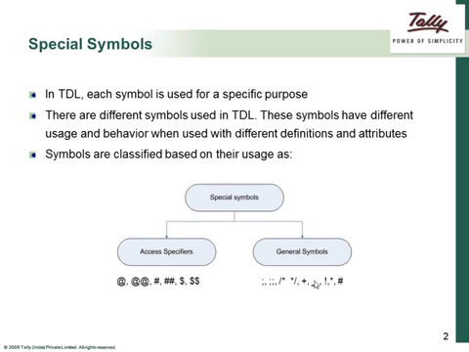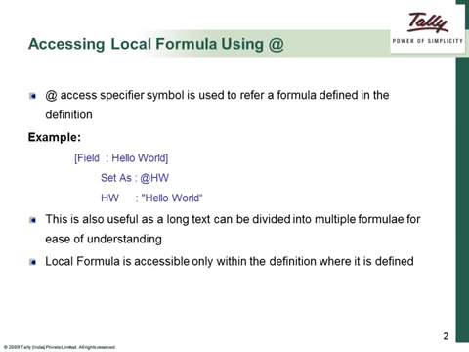So we have two categories of these special symbols, the access specifiers and the general symbols. The access specifiers are the symbols that help you retrieve some kind of value, and general symbols are for other utility purposes. Starting with the single at, it is used to identify a local formula.